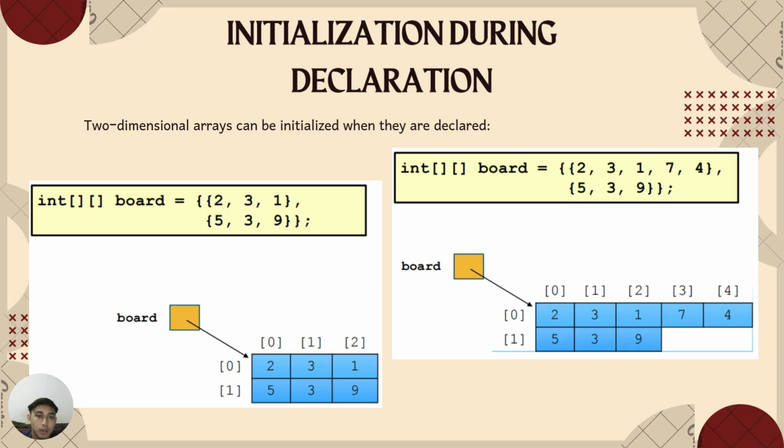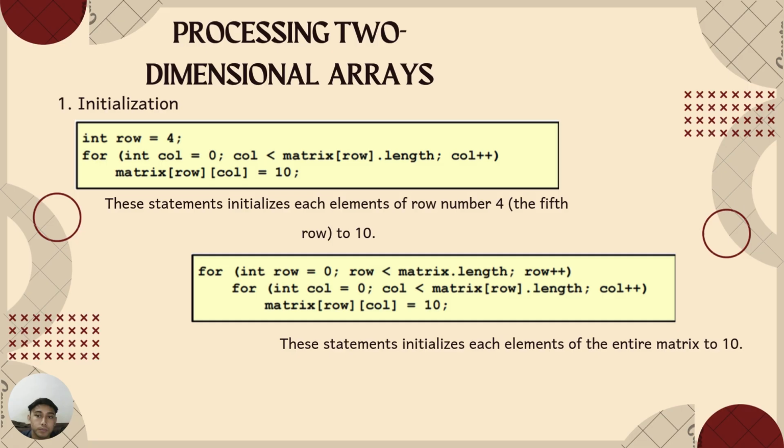Next, initializing during declaration. Two-dimensional arrays can be initialized when they are declared. The size is automatically based on how many elements are in each row. Next, processing two-dimensional arrays.